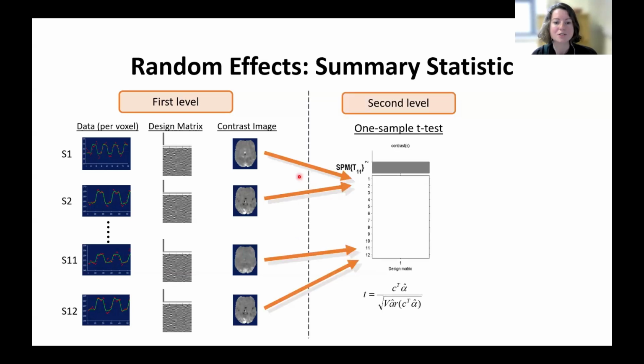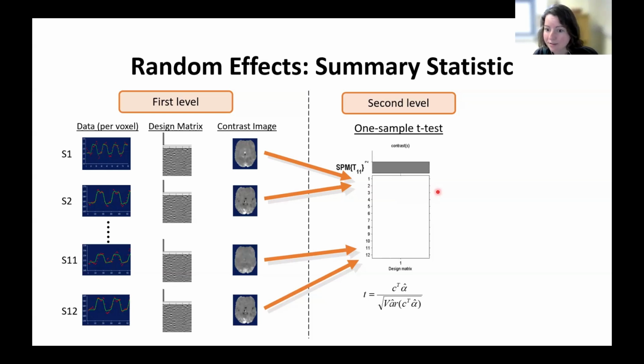Now we take these images to the second level. The single subject contrast images become the data for the second level analysis. These contrast images become the design matrix for the second level analysis, where each row represents one subject instead of one measurement point. We can then do a one sample t-test to check whether the contrasts are significantly different from 0.